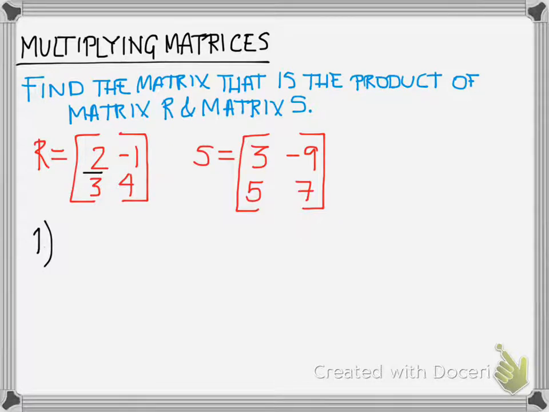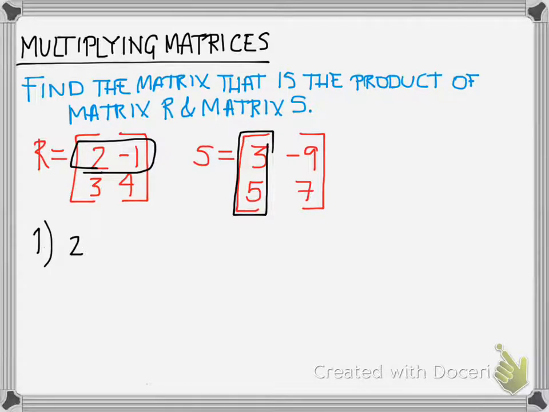We're going to multiply the numbers in the first row of R by the numbers in the first column of S, and then add those products. So we're going first row and then first column.